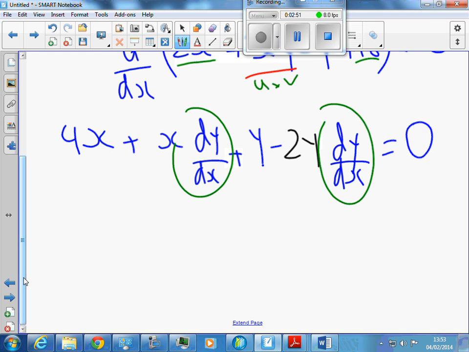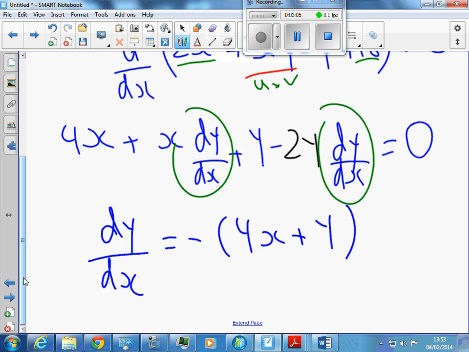But now you've got dy by dx made the subject of the equation. So dy by dx is equal to minus 4x plus y all over x minus 2y.